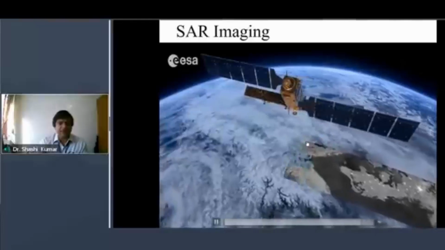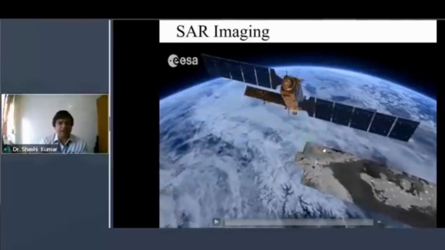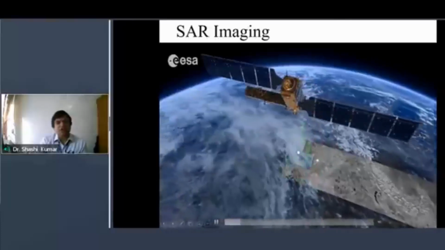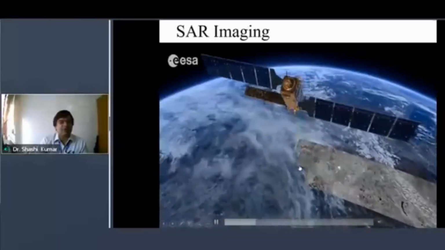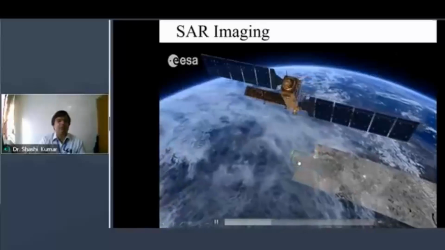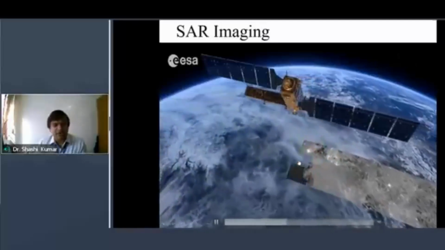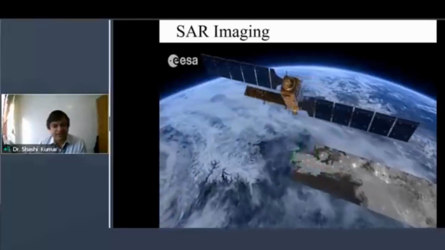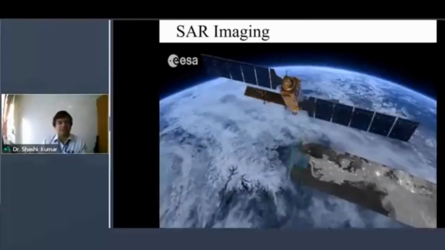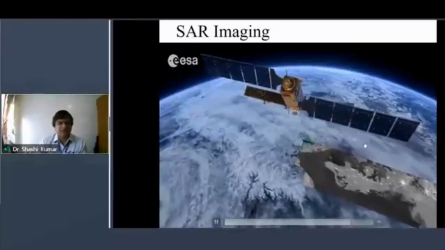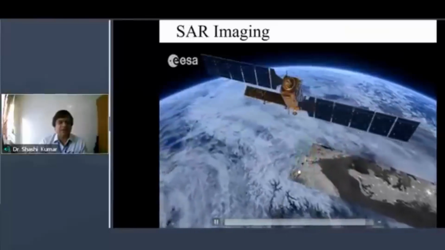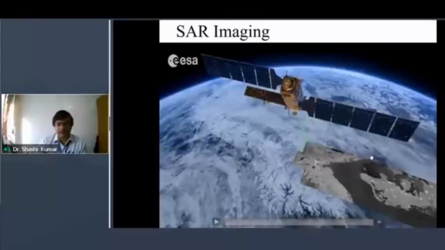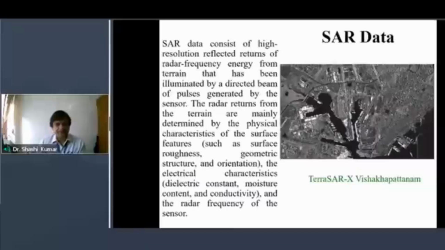Here they are covered by cloud cover and haze, but SAR waves are able to penetrate through the cloud cover and provide information of the Earth's surface even in cloudy situations. So this animation shows the imaging technique of synthetic aperture radar even in cloudy situations.